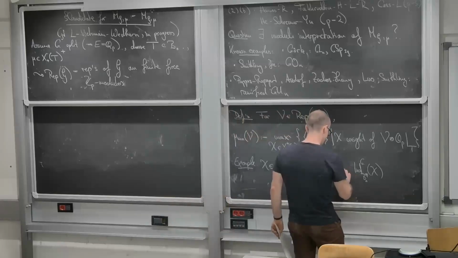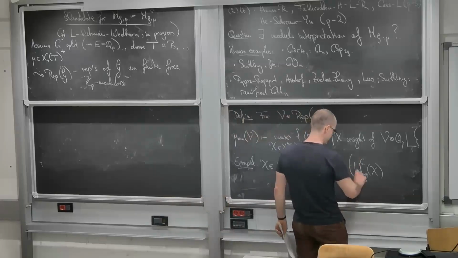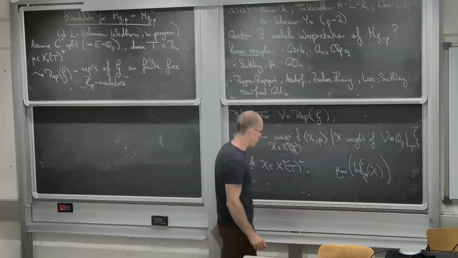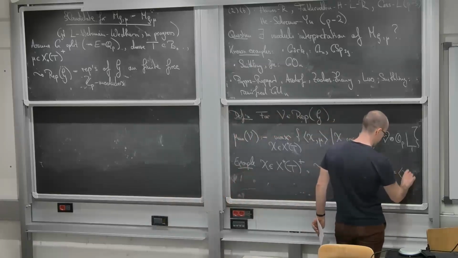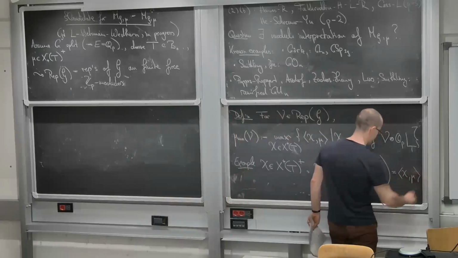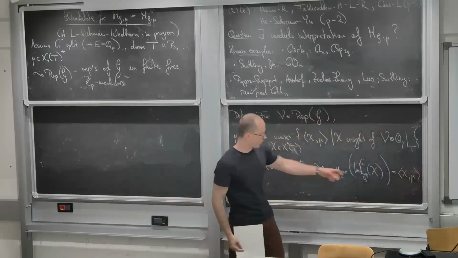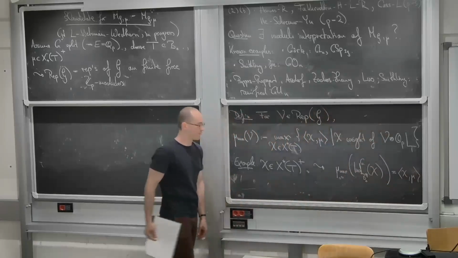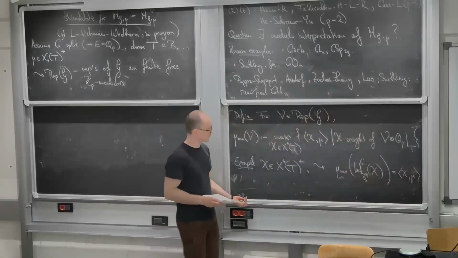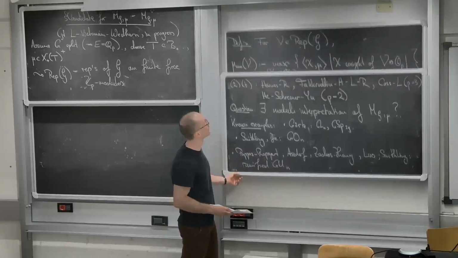And I can ask myself, what is the maximum mu weight here? Well, it's simply pairing with mu. So both are arranged to be dominant, so this is some non-negative number. And this is what this computes.